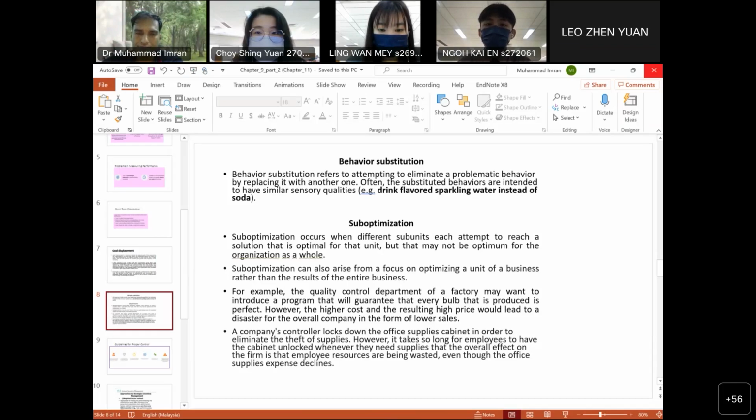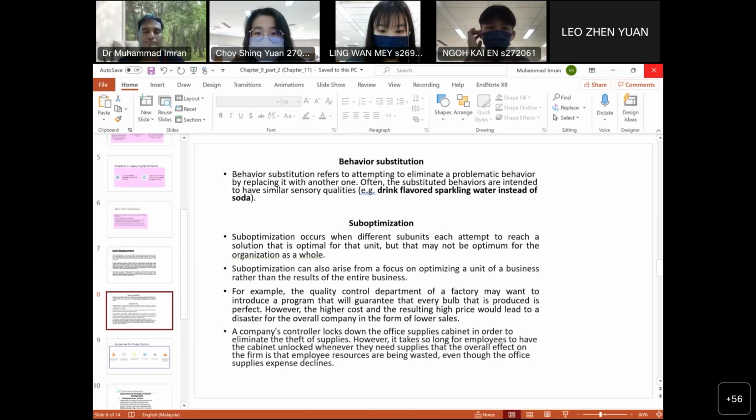For example, the quality control department of a factory may want to introduce a program that will guarantee that every part that is produced is perfect. However, the higher cost and the resulting high price would lead to a disaster for the overall company in the form of lower sales. A company's controller locked down the office supplies cabinet in order to eliminate the theft of supplies.